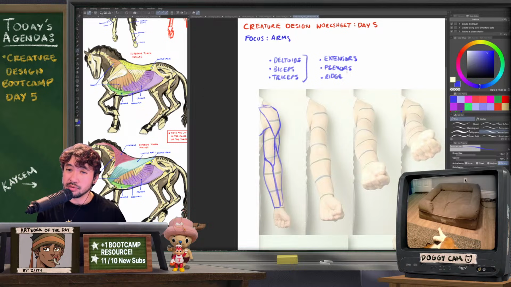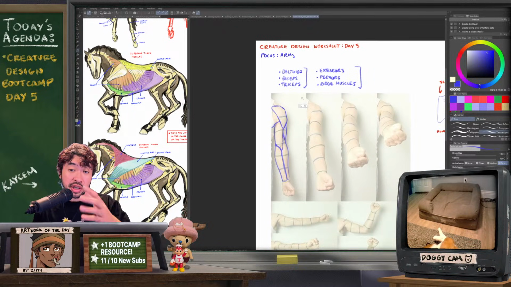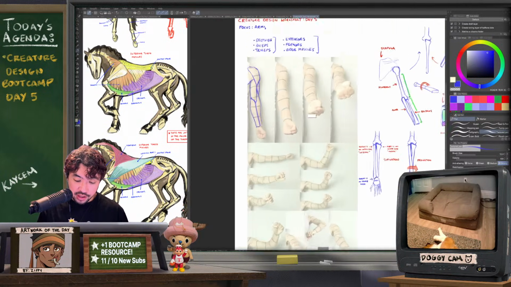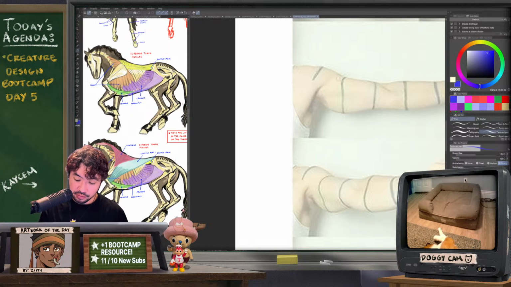Or supinators. Sometimes they're called supinators too. Okay, and so this right here is upper and lower. So three for the upper, three for the lower. Ain't too bad, I think, right? And if you practice this, we'll go and do another example.